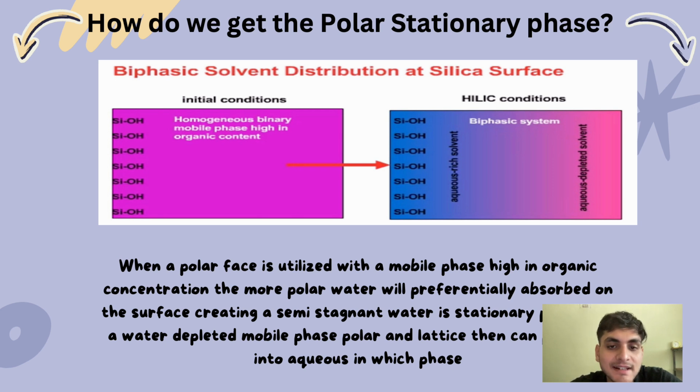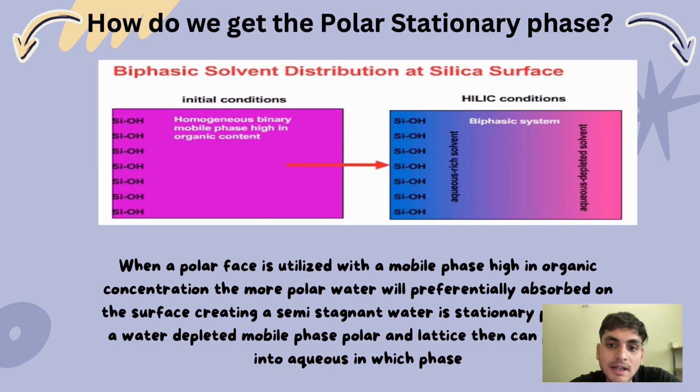In the HILIC condition, we see that this biphasic system is actually divided into two parts: aqueous rich solvent and aqueous depleted solvent. The aqueous rich solvent is formed when there is interaction between the SiOH and water molecules. Actually, the SiOH binds the water molecules together and it creates an aqueous rich solvent.